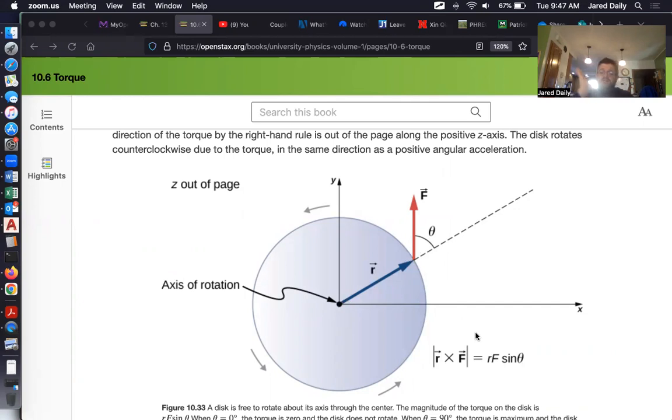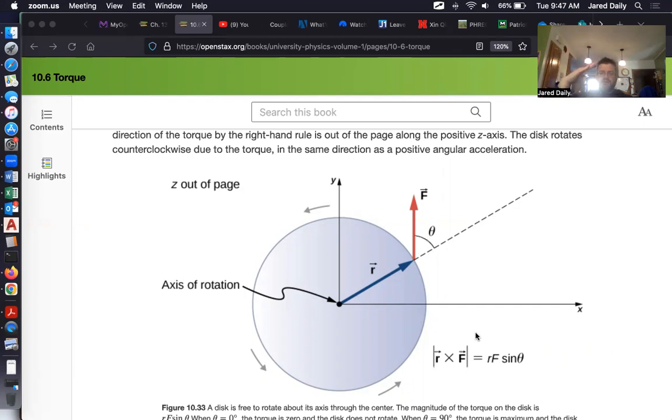And then the right-hand rule says that r cross F, and I guess if I'm doing it the way you guys are seeing it, I don't know if my camera will do it backwards for me. My fingers don't bend that way, so I'm going to have to use my left hand. It's going to have to be r, and then cross F, and then my thumb is coming out of the page at this point.